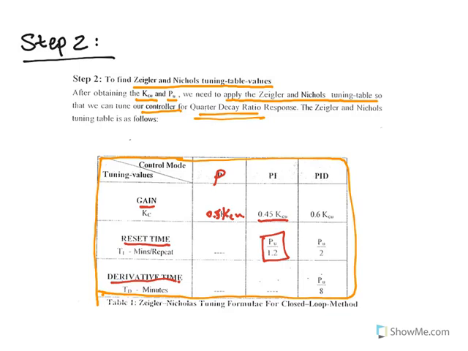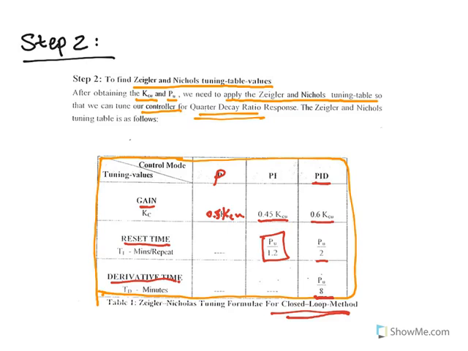In case we are using PID, we multiply 0.6 by the ultimate gain, and to find the reset time or integral time, we divide the ultimate period by 2, and the derivative time is the ultimate period divided by 8. And again, this is for the closed loop method.